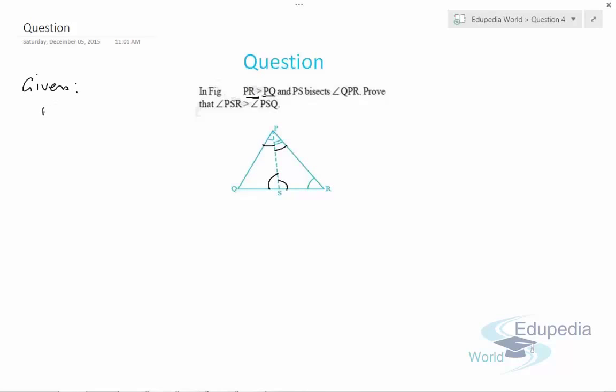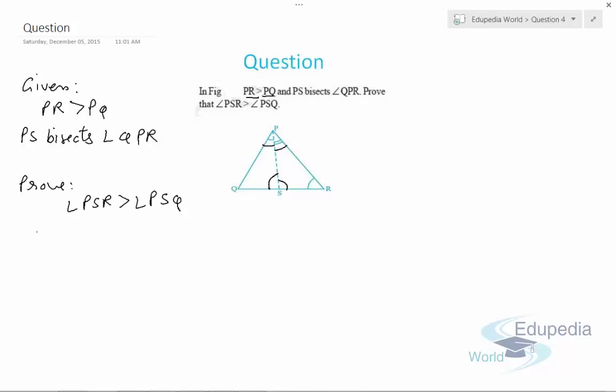It's given that PR is greater than PQ and PS bisects angle QPR. We need to prove angle PSR is greater than angle PSQ.